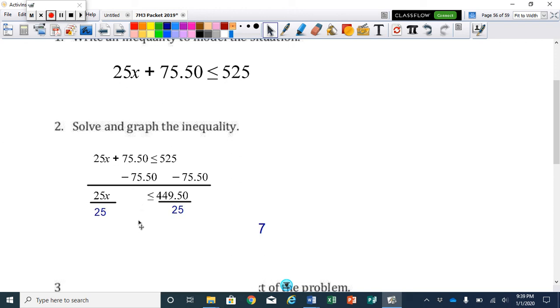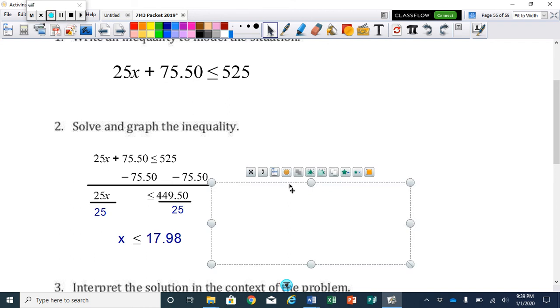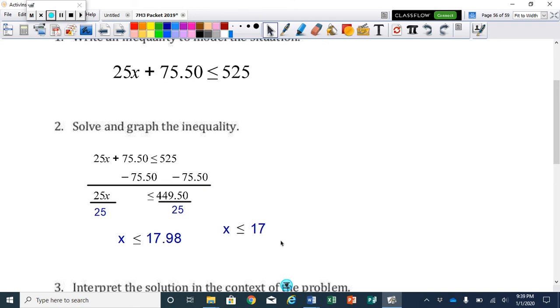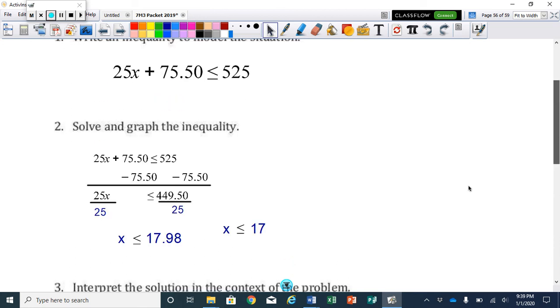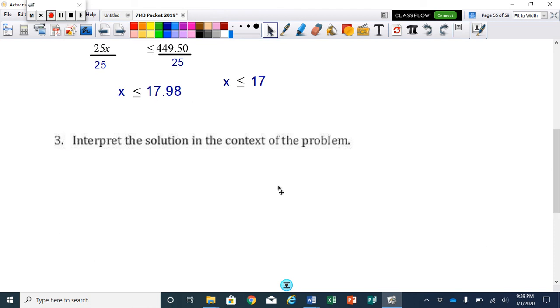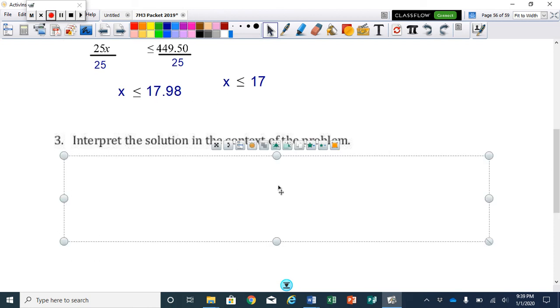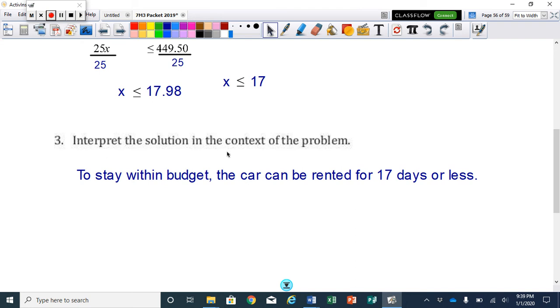So if I divide each side by 25, I get x is less than or equal to 17.98 days. Well, we can't have 17.98 days, so we're going to have to round down to 17 days. Interpret the solution. To stay within budget, the car can be rented for 17 days or less.